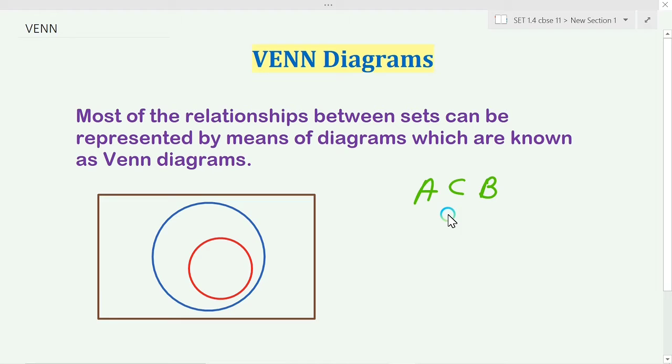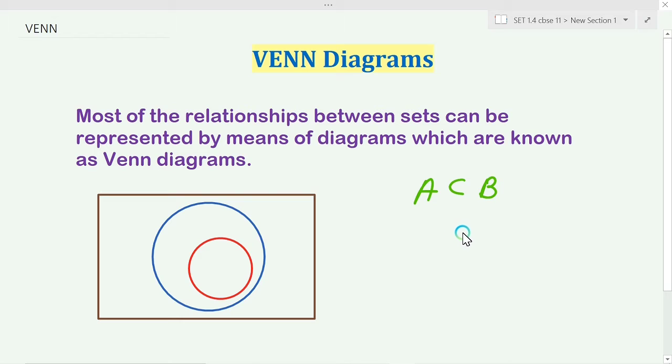So take the relationship A subset B. That means all the elements of A are elements of B also.